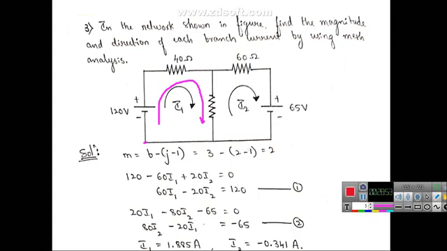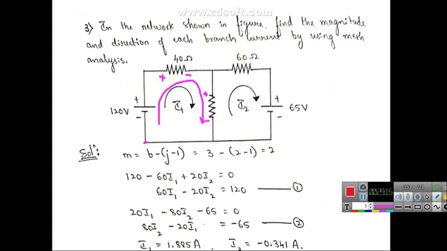Here, going from negative to positive means a rise in potential. The polarity of this one is plus and minus, here also plus and minus. So here there is a fall in potential because the current is flowing from higher to lower, here also higher to lower. Therefore here the rise in potential is 120 with the positive sign.